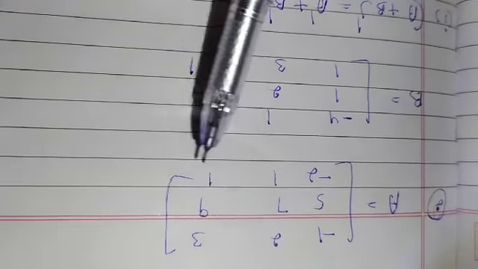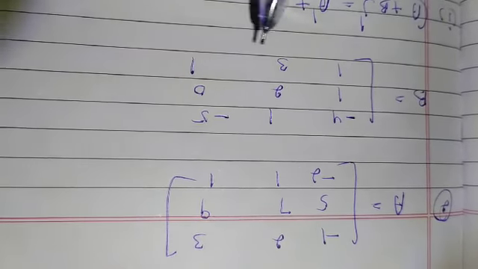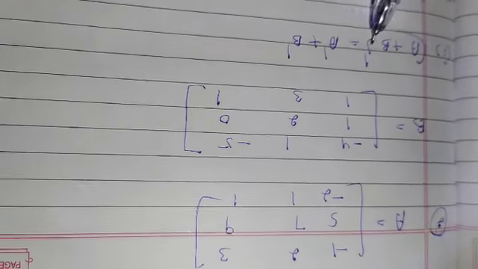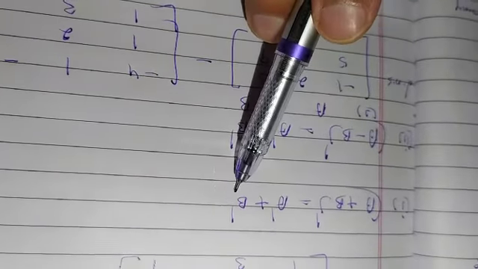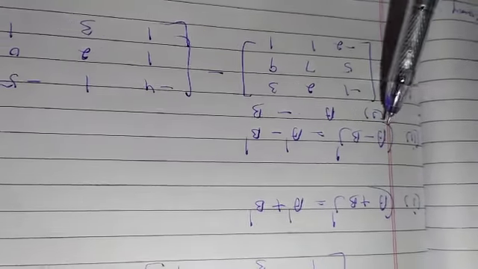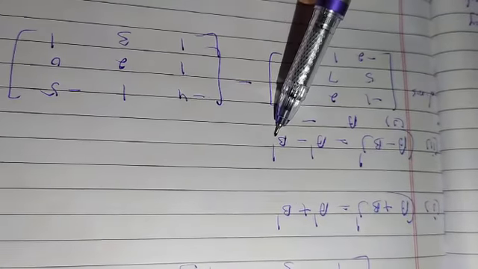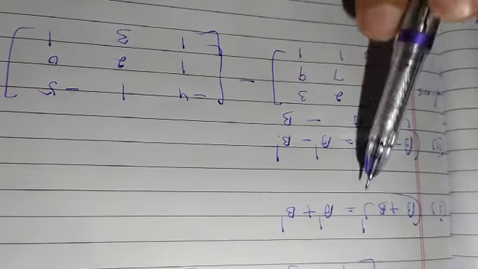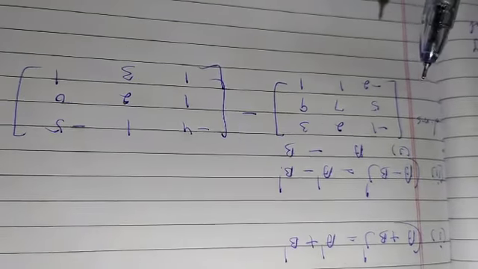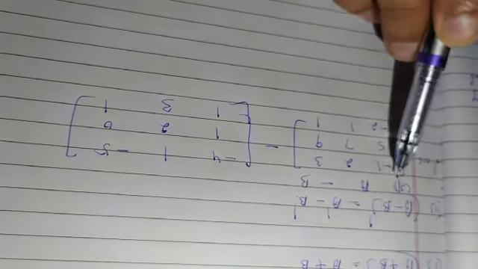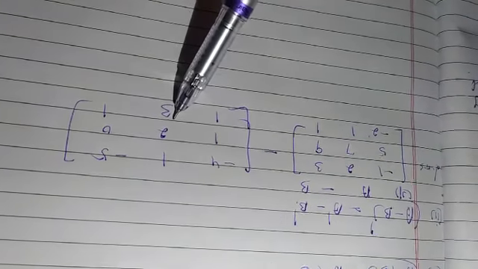Second question. A is a 3 by 3 order matrix, B is also a 3 by 3 order matrix. First part, A plus B whole transpose is equal to A transpose plus B transpose. Second part, A minus B whole transpose is equal to A transpose minus B transpose. We have to prove both the cases. Second part, A minus B. The A matrix is this, the B matrix is this.